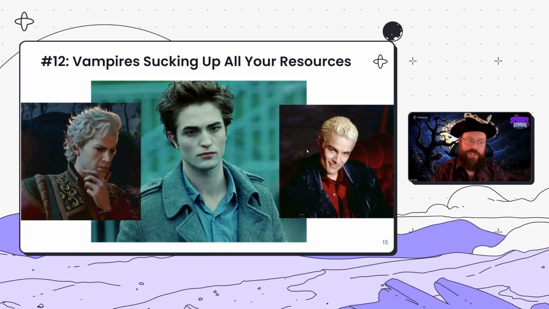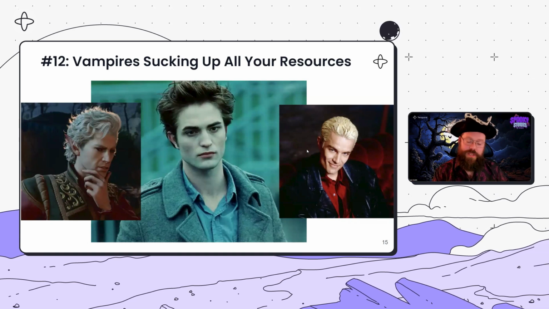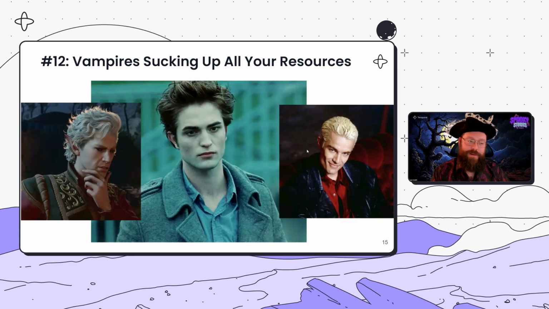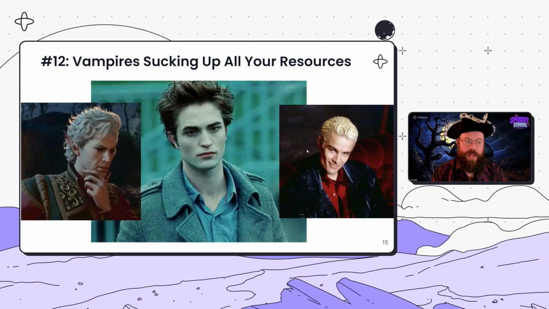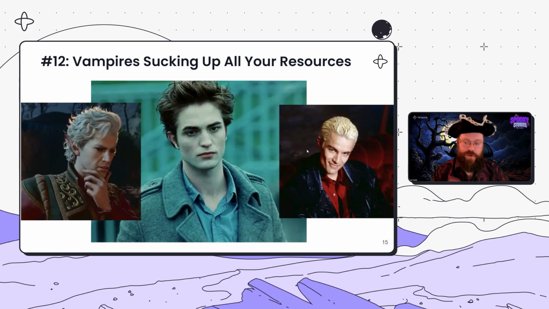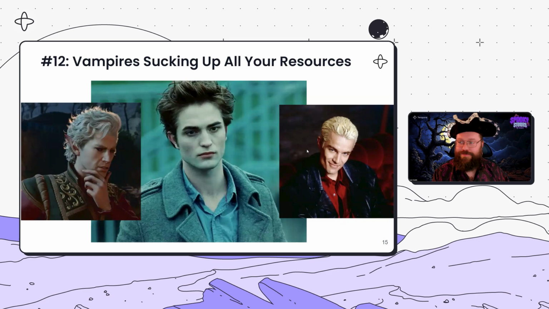So my recommendation here is use rate limits to limit those and prevent noisy neighbor problems, or vampires sucking your blood, I guess. Or you can move to Temporal Cloud, and our SaaS capacity makes sure that you don't suck up all your resources. And I just like vampire movies.